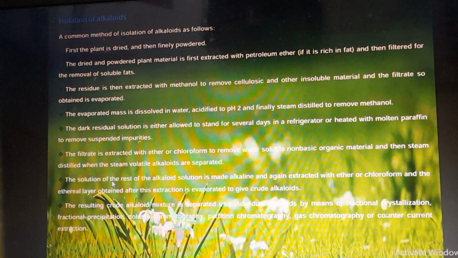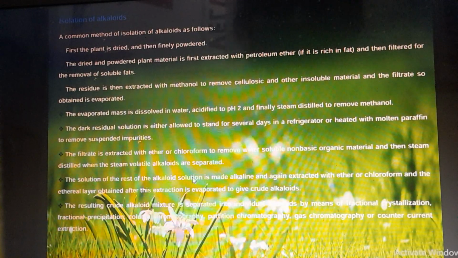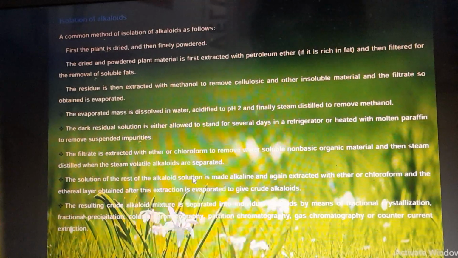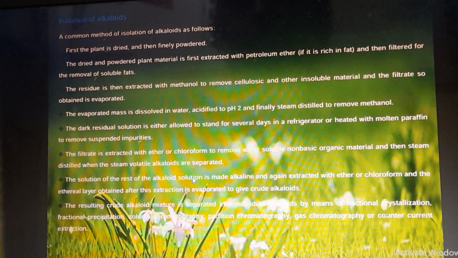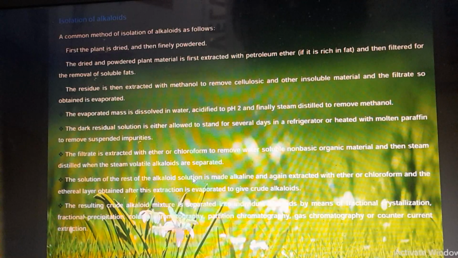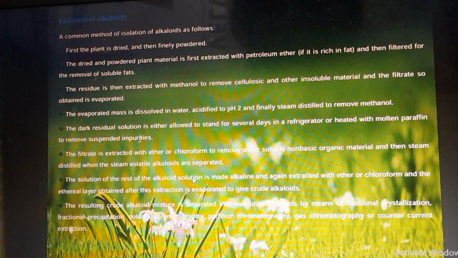The rest of the alkaloid solution is made alkaline and again extracted with ether or chloroform, and the ethereal layer obtained after this extraction is evaporated to give crude alkaloids.